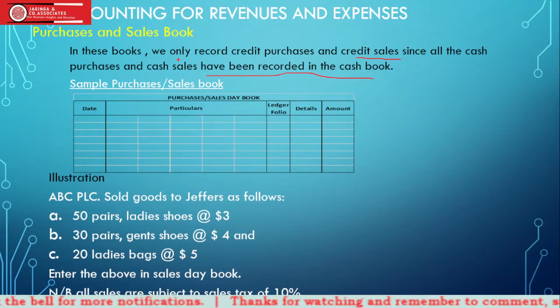So when there are too many transactions, in a practical situation, you'll separate. You'll not make entries of all the transactions within a single journal. So you'll have separate books. These separate books will have the purchases and sales day book. So purchases day book will be separate from sales day book, and then you'll also have the cash book.